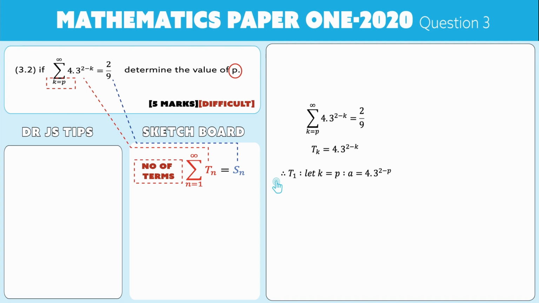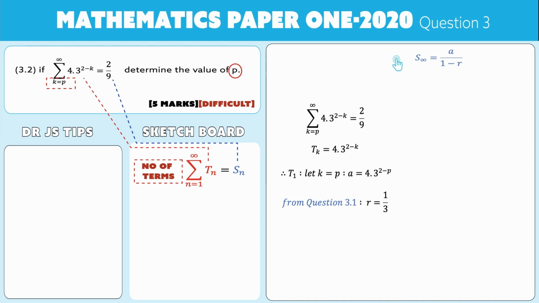We also know from our previous calculation that the constant ratio is a third. Then we've also learned our sum to infinity is equal to a over 1 minus r. We know that as a fact.